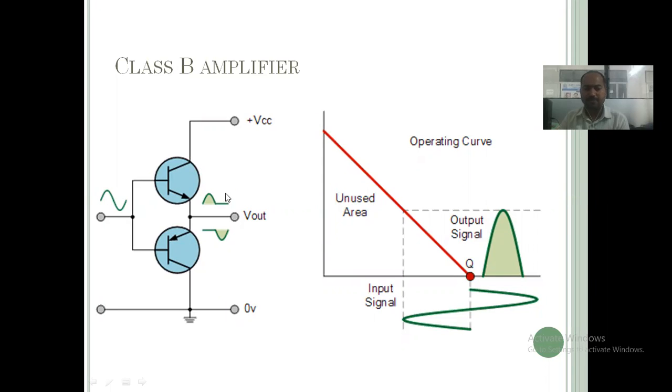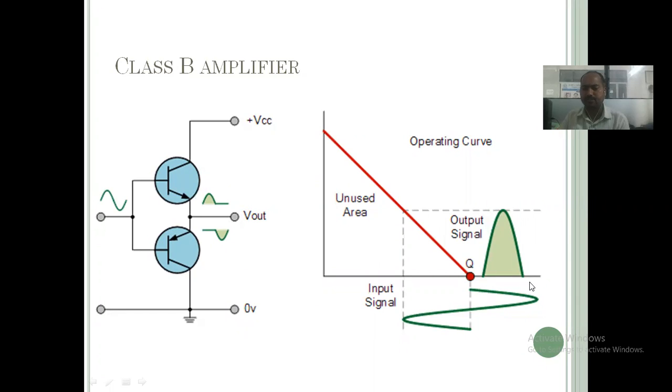But the signal we get is only 180 degrees, because we biased the transistor so that it works in a 180-degree half cycle. The upper transistor works from 0 to 180 degrees, and the lower one works from 180 to 360 degrees, alternating half cycles. So we get output in only one half cycle from this one transistor, right?